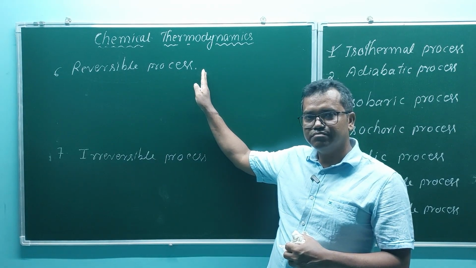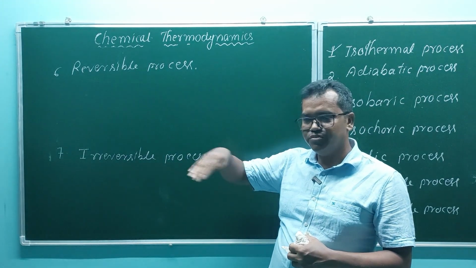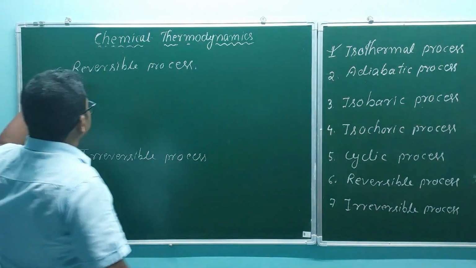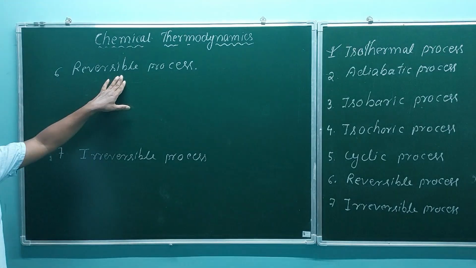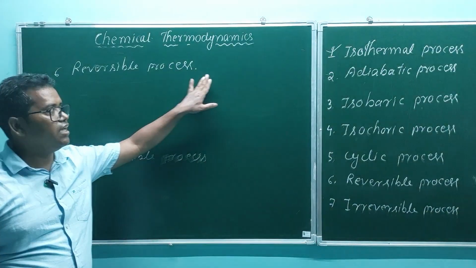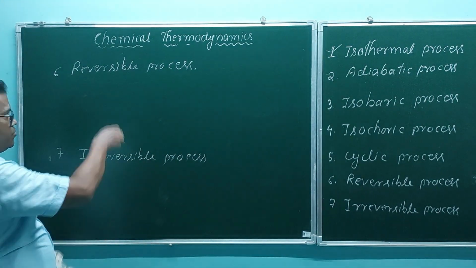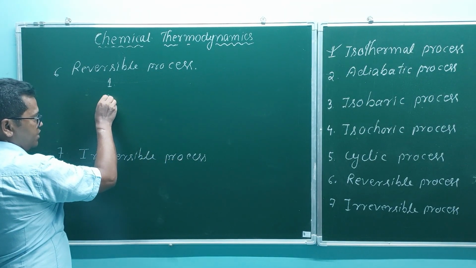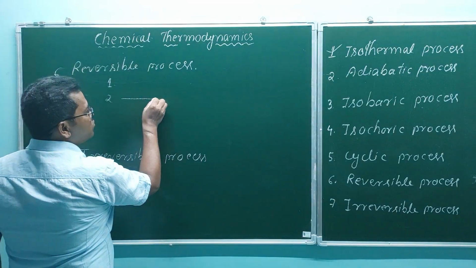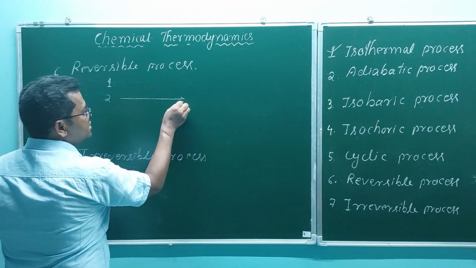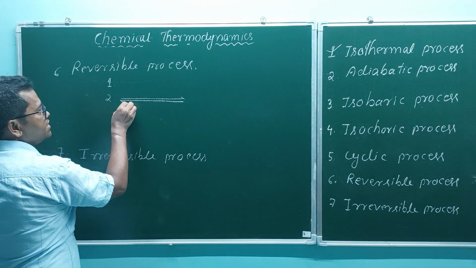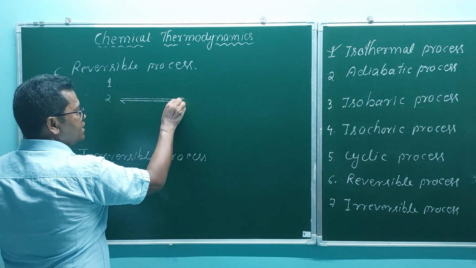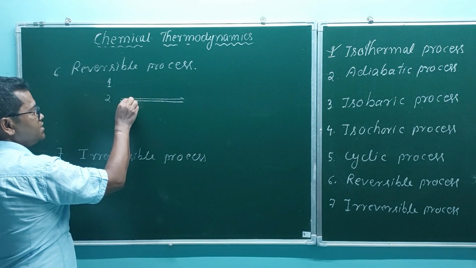A reversible process occurs in both directions. So let us conclude the main points. Number one, a reversible process can proceed forward as well as backward. Number two, all the steps involved in the forward journey are exactly repeated in the backward journey.